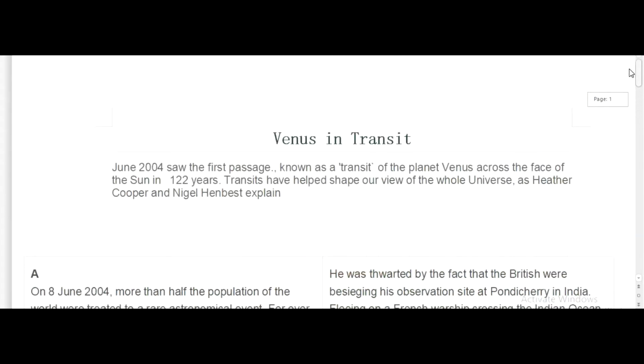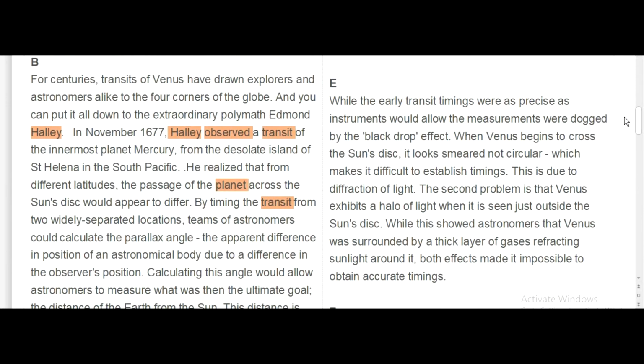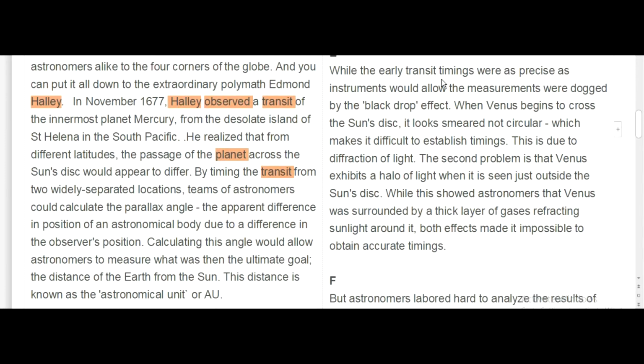So I'm going to scan our keywords. Here I have found my first keyword, sun. Here it is.